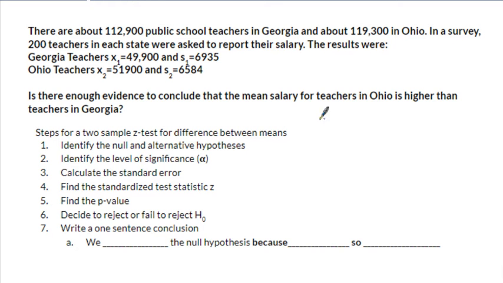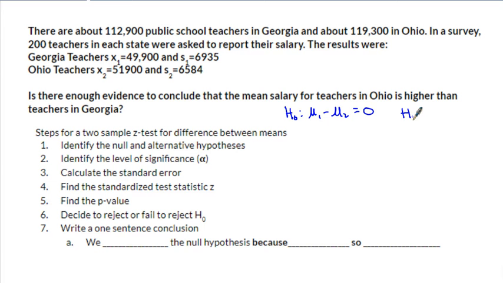So null and alternative hypothesis. So our null hypothesis, again, is going to be that the difference between the two means is 0. All right, we're assuming that there is no difference between the two means, and then we're going to test to see whether that is true.